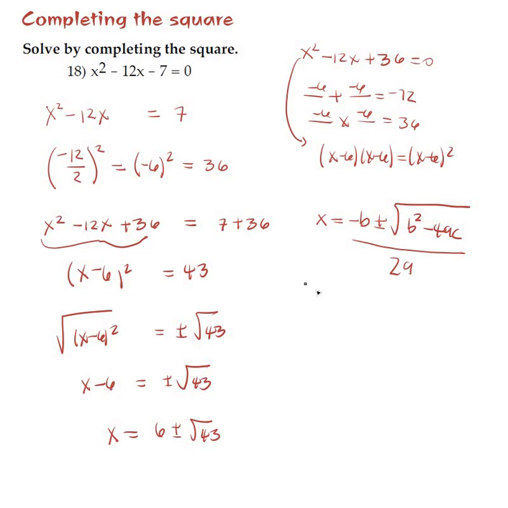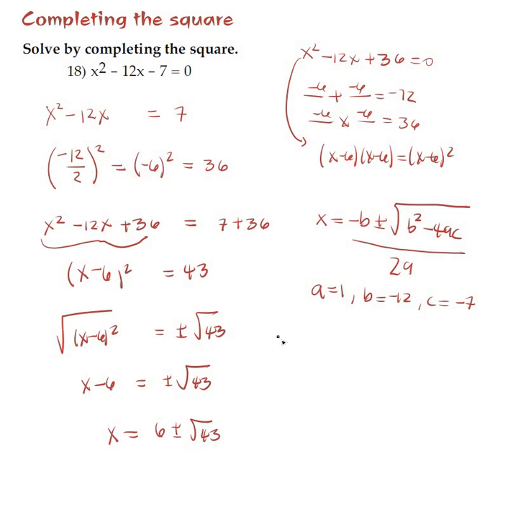Now in this case, the equation is x squared minus 12x minus 7. So a, the coefficient of x squared, is 1. b, the coefficient of x, is negative 12. And c is the constant, which in this case is negative 7.